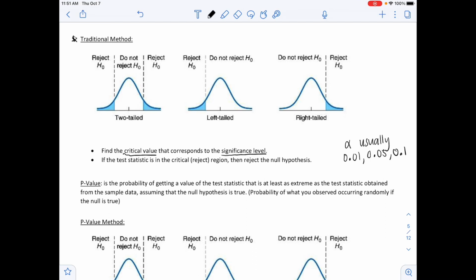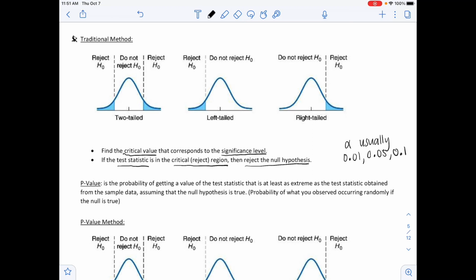However, it could be something different, but these are the 3 most common ones. The second step says, if the test statistic is in the critical or rejection region, then we're going to reject the null hypothesis. Otherwise, we do not reject the null hypothesis.